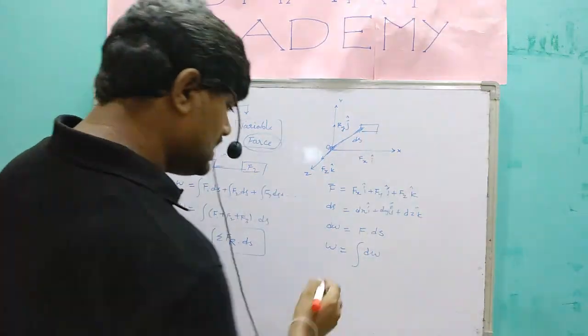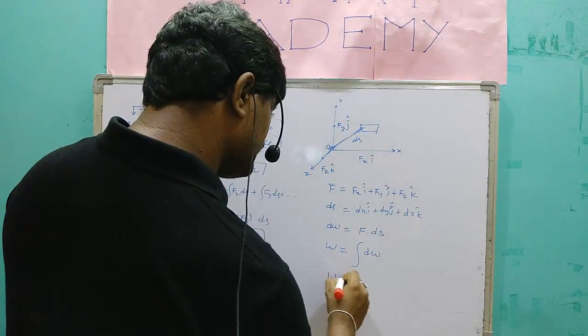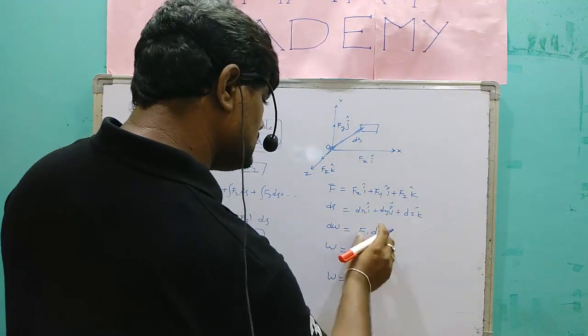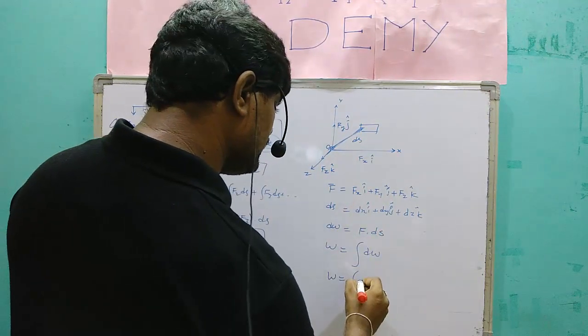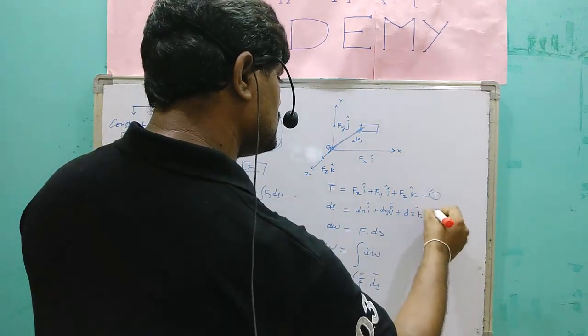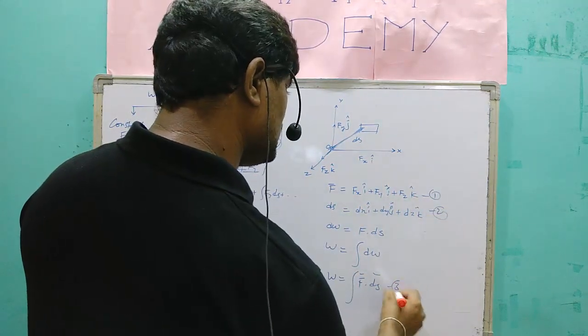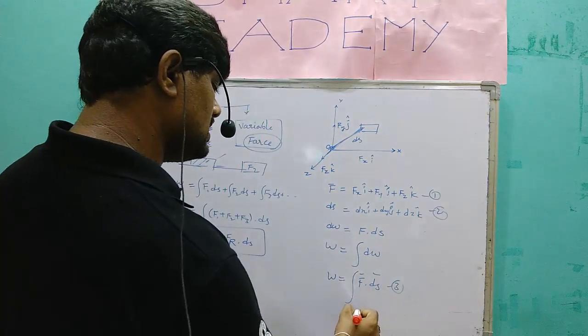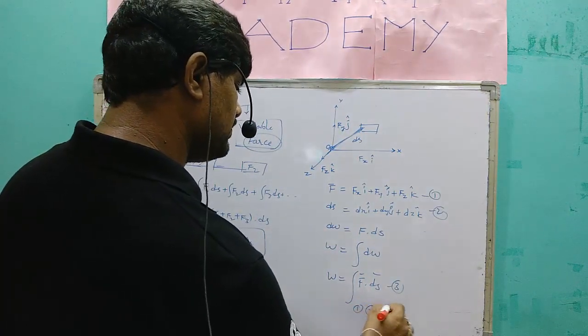Okay. So next, in this work done, we substitute these F and ds values, F dot ds here. Let it be equations 1, 2 and 3. Equations 1 and 2 are substituted in equation 3.